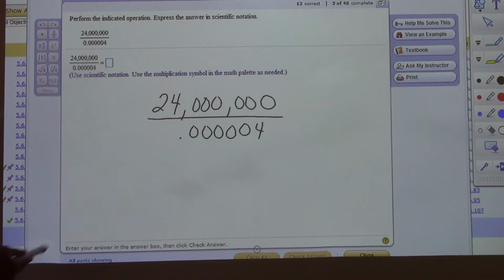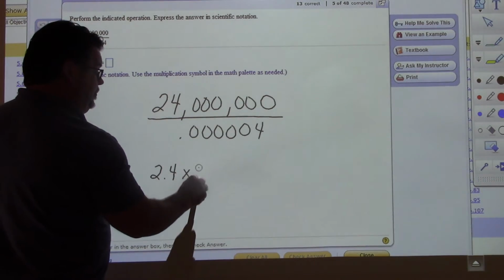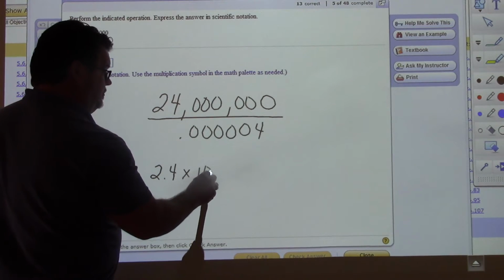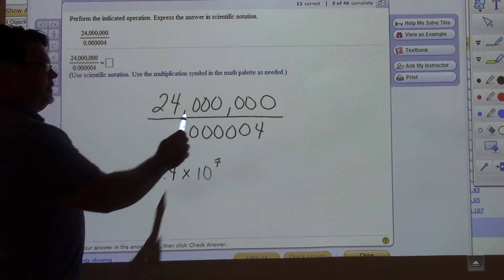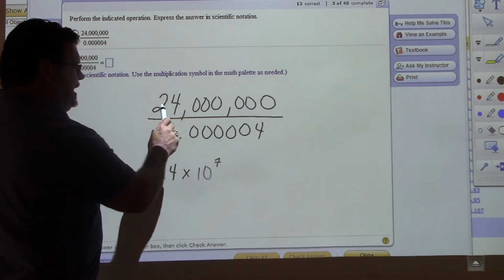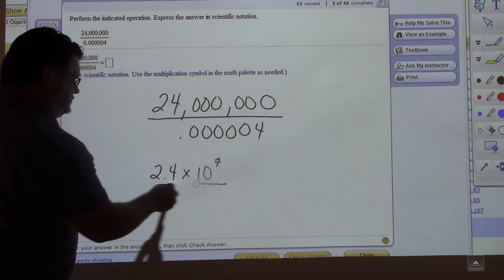And you can do the top one real easy. 2.4 times 10 to what? 7. You've got to remember, million means 6 zeros, but you've got 24, which means one more, so that'd be 7.